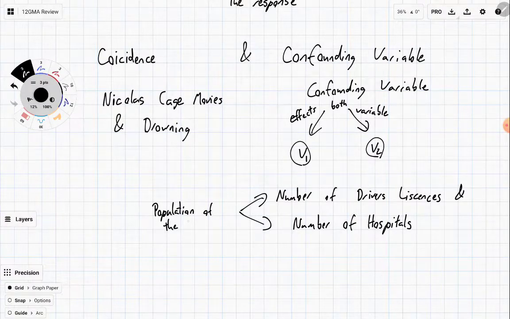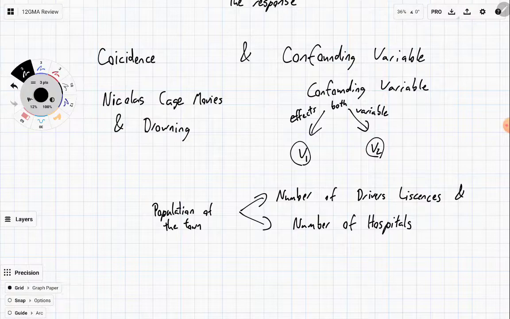Because the more people you have, the more driver's licenses you'd have, and the more people in town, you'd also expect there to be more hospitals, and vice versa. You'd expect the reverse to be true as well. So although these 2 appear to be explanatory variable and response variable, they have some sort of correlation. It's really a confounding variable which is affecting both of them.